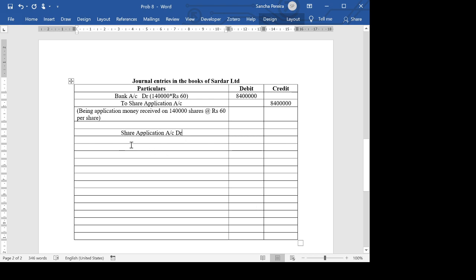So share application account debit to equity share capital account. We already have 84 lakhs in the share application account. Now we need to transfer to equity share capital.